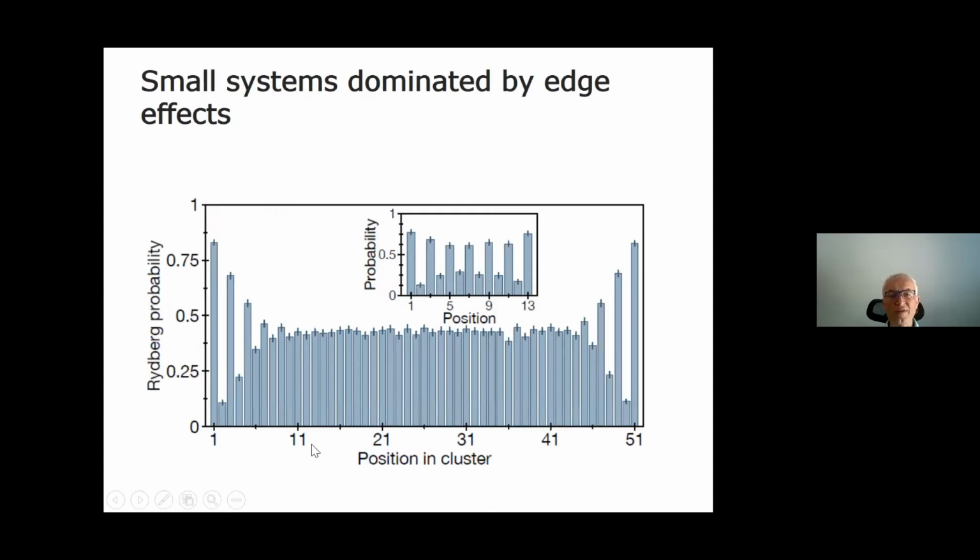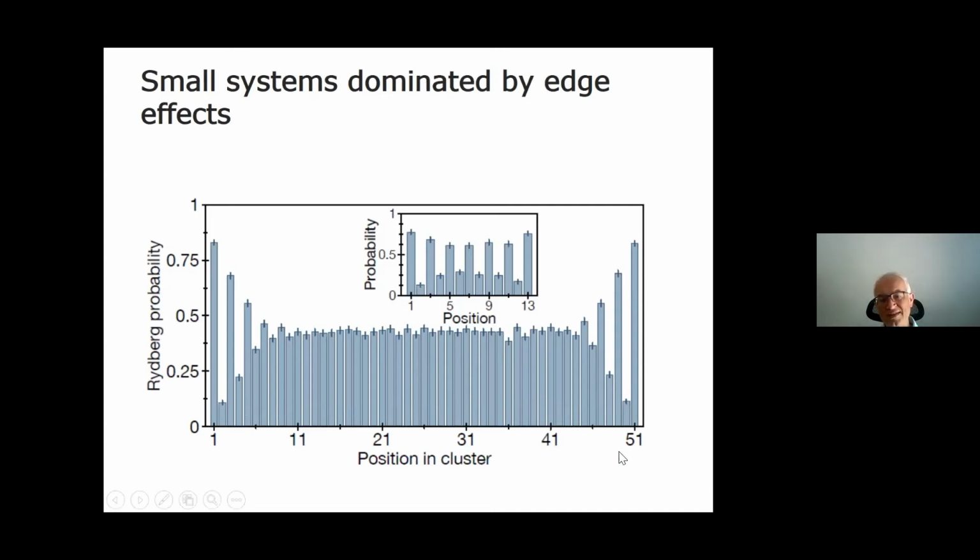So if you take an average Rydberg probability over the whole system, then for a 13 atom system, you see that the order is dominated by edge effects, basically because the true ground state is the edge atoms being excited to the Rydberg state, and this edge also influences what happens in the bulk.